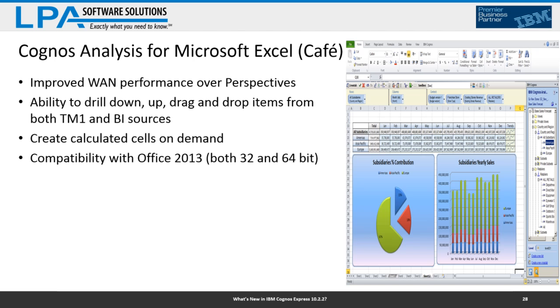So you'll notice that your reports will render much quicker, recalculate much faster in CAFE versus Perspectives. You also have the ability to drill up, drill down, and drag and drop items from both TM1 and BI. So whereas Perspectives was limited to just TM1 content, CAFE will actually bring in anything from a package and/or a TM1 cube and drop it directly into your report.